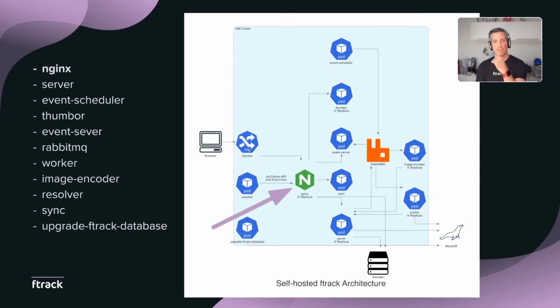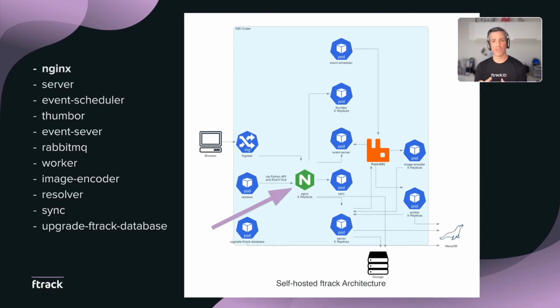NGinx. NGinx is an open source application that can have multiple replicas in the cluster. It's the entry point for the Ftrack application, where it'll serve up static files and it'll forward traffic to 4 other components, namely the server, event server, thumbor, and sync components, which we'll talk about later.